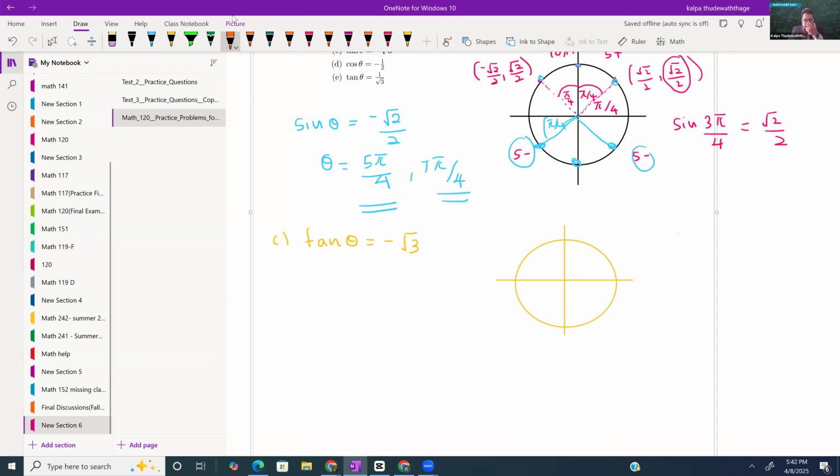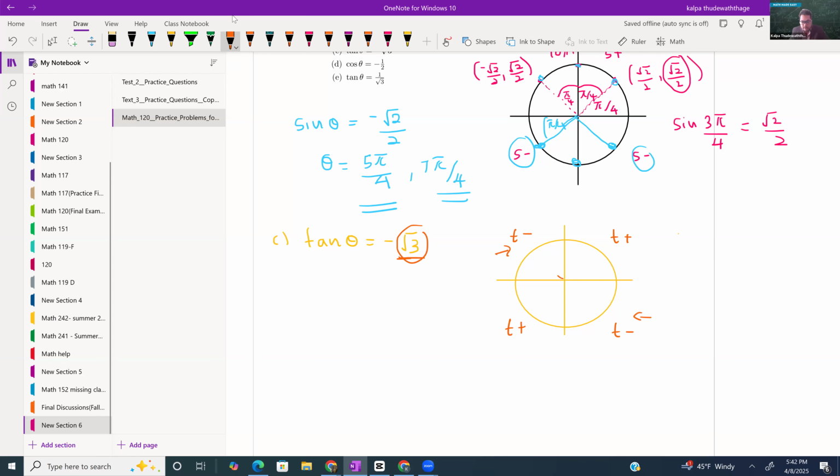Tan is positive here. That means any angle between 0 and 90 would not give me a negative number. Here tan is negative, tan is positive here, and negative here. So I know the angle should be somewhere in the second quadrant or fourth quadrant. So root 3 is connected with 60 degrees. Remember tan 60 is root 3.